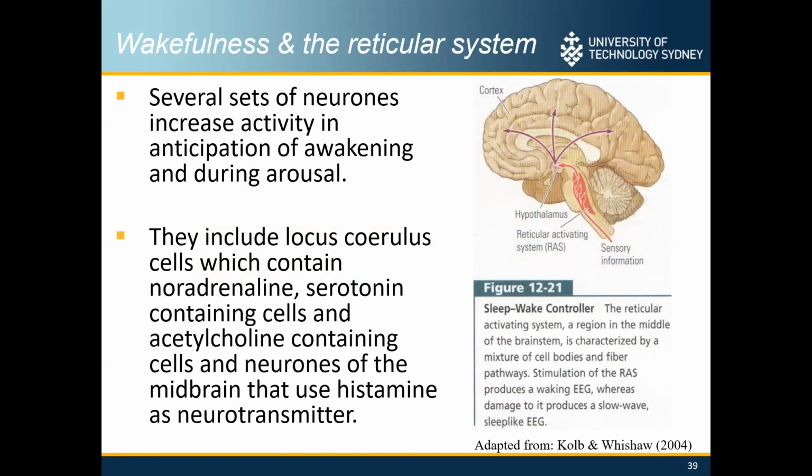The different parts of the brain involved in this are the locus coeruleus, which contains the noradrenergic neurons; the raphe nuclei, which has the serotonergic neurons; neuronal cells that secrete acetylcholine; and neurons that release the neurotransmitter histamine.